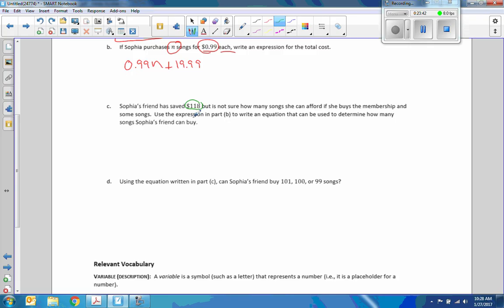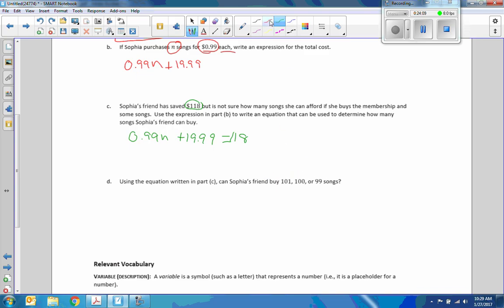How many songs can she buy for her iPod? So we're going to take 0.99n plus 19.99, and that equals how much money she has, which is 118. Okay, there's our equation.